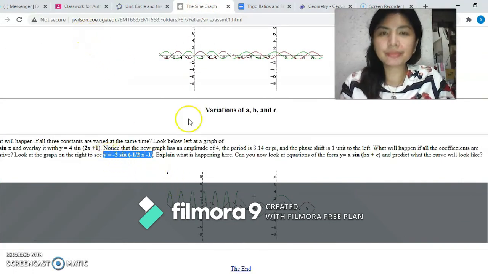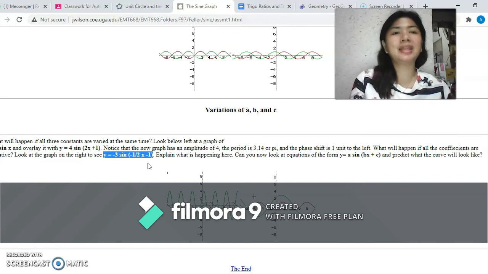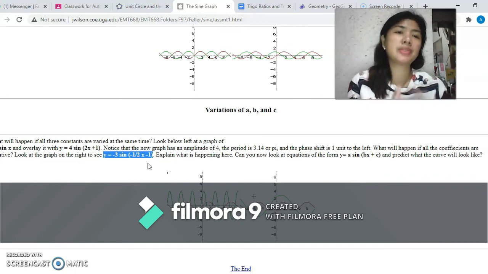If you consider the initial assessment, a negative 1 for C would mean a shift to the right, and a positive value of C would mean a shift to the left.